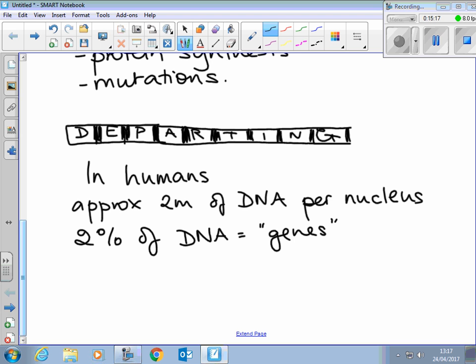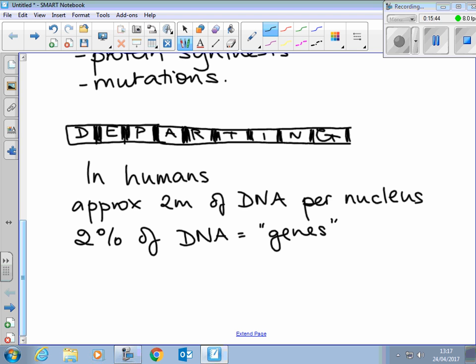It's the other 98% that was known as junk, and it's that as well that varies as you get more sophisticated organisms. They have more junk DNA. We can still call it junk DNA because then we know what it means. Non-coding, but even that's a bit misleading because some of it does.